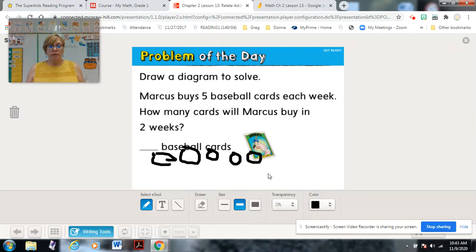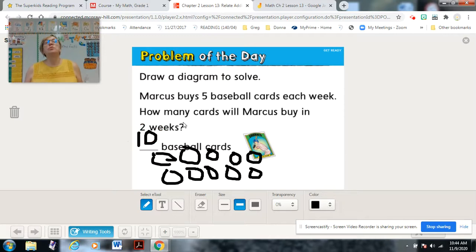That's week 1. And then the second week he buys 5 more, because he buys 5 each week. 1, 2, 3, 4, 5. How many cards will Marcus buy in 2 weeks? Well, let's count. 1, 2, 3, 4, 5, 6, 7, 8, 9, 10. Okay, and it's 10.